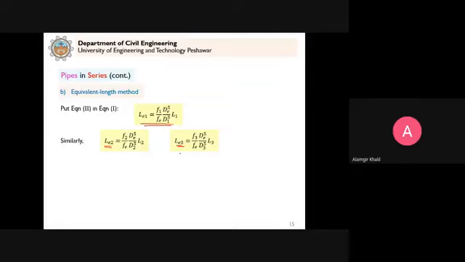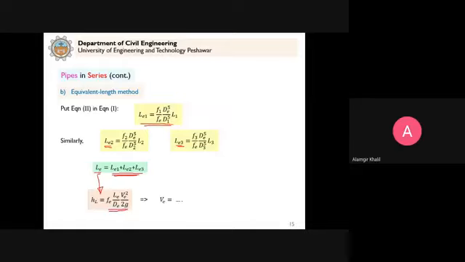Then the total effective length for the effective pipe will be equal to LE1 plus LE2 plus LE3. Once we are able to calculate this LE, then for that effective pipe, the head loss HL will be given by this expression.